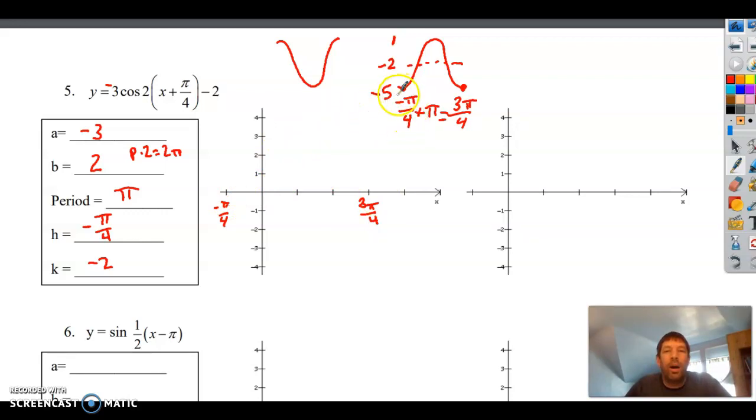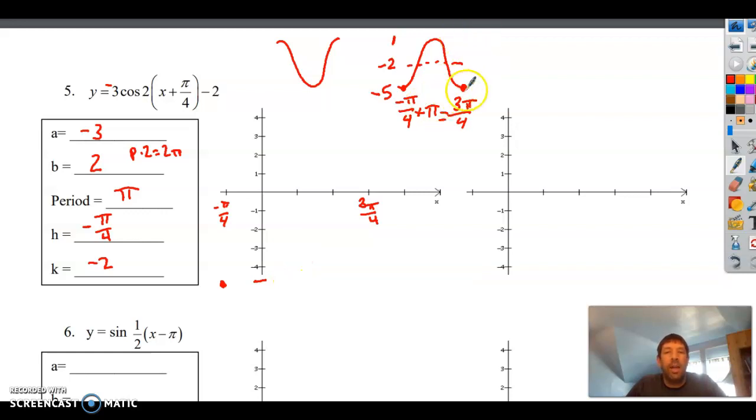Now, I'm starting cosine here because I changed the equation to be negative. I'm starting at its lowest point, which is at negative 5, and my x value is negative pi over 4. So negative pi over 4, and I need to go down one more to negative 5.